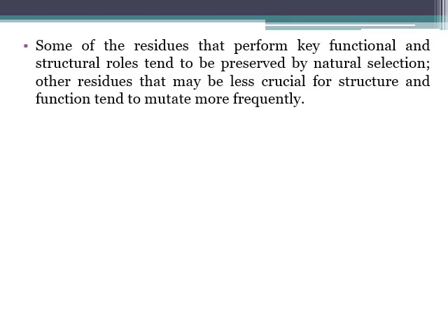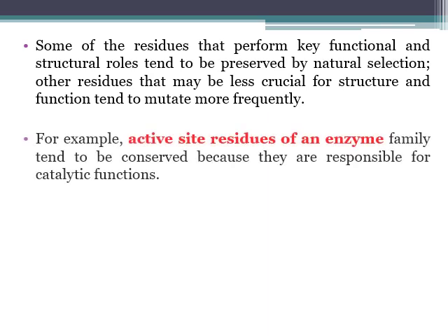Some of the residues that perform key functional and structural roles tend to be preserved by natural selection. Other residues that may be less crucial for structure and function tend to mutate more frequently. This can be understood with the example of an enzyme. The active site residues of an enzyme family tend to be conserved because they are responsible for a catalytic function.